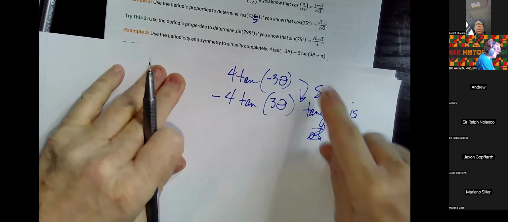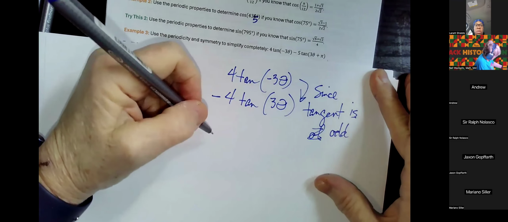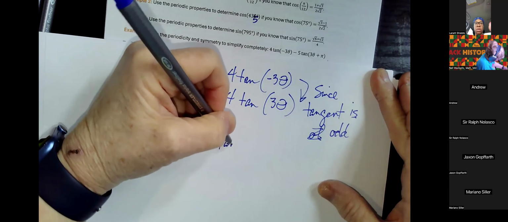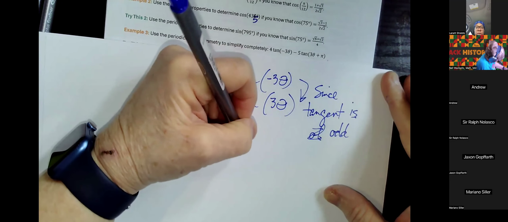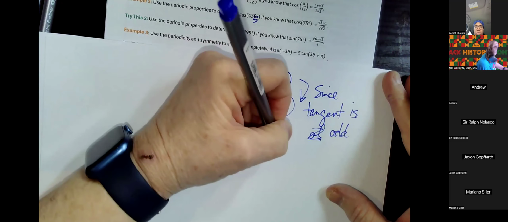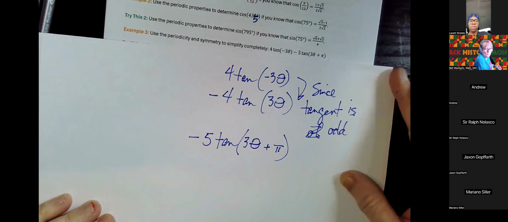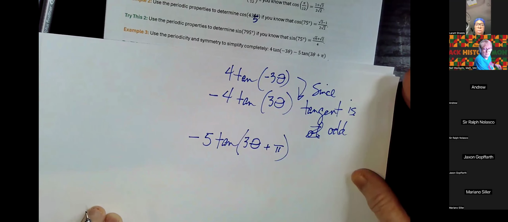And now let's look at the second part. We have negative 5 tangent of 3 theta plus pi. And what is this the same as?